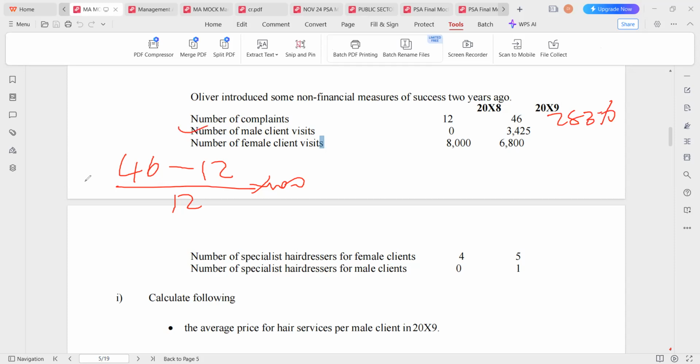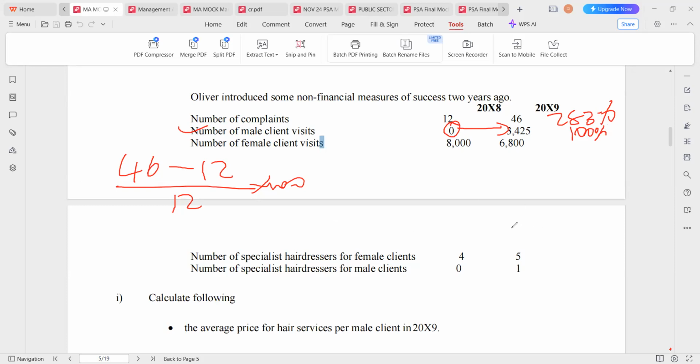What about the number of male clients? What's the percentage change? I don't think there's any percentage change, because there were no male clients. So anytime it has moved from 0 to any number at all, the answer will be positive 100%.